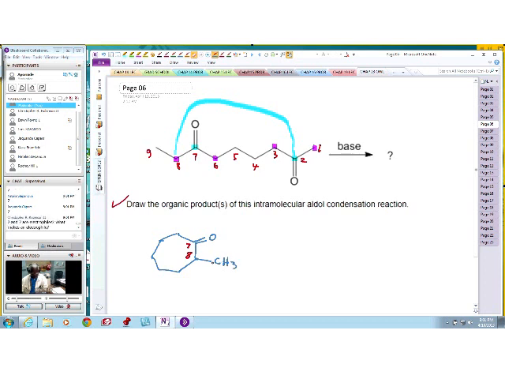Therefore this must be your carbon number 2, because what are we doing here? We are joining carbon 8 and carbon 2.